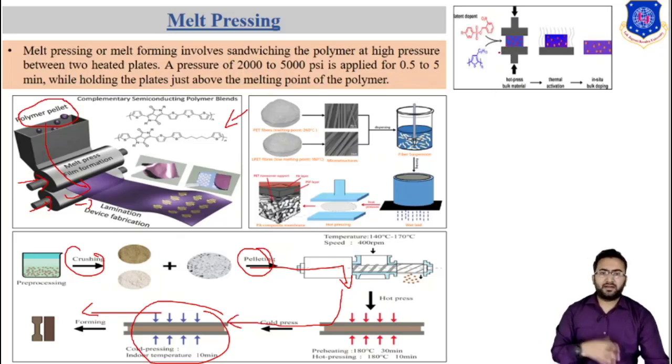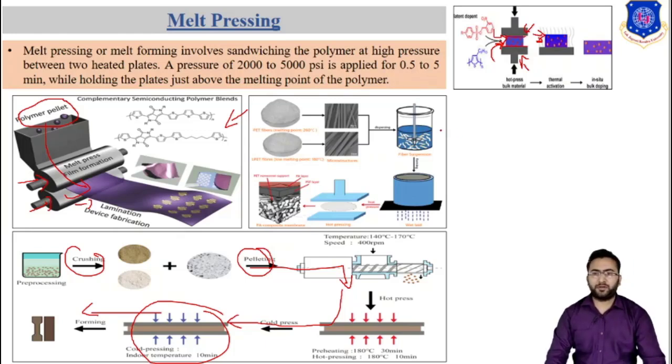In the melt press, cellophane or a non-waterproof sheet is used so that the membrane cannot stick between these two plates, and we can easily remove the membrane. So this is all about the melt pressing method for membrane synthesis.